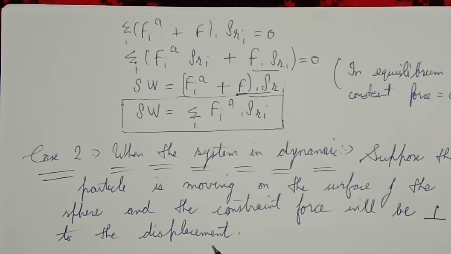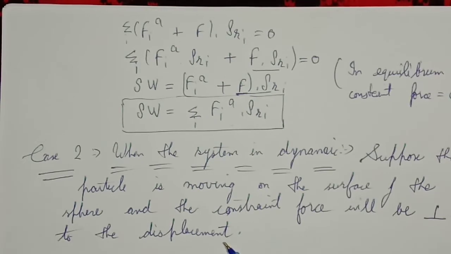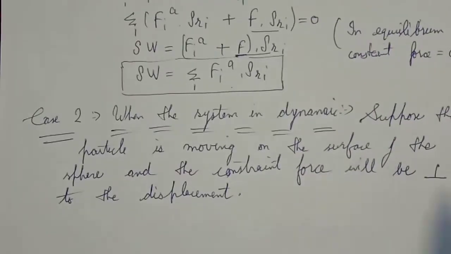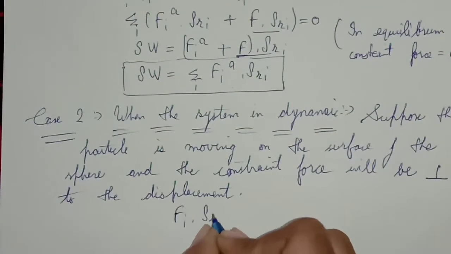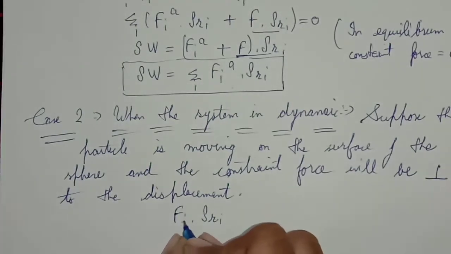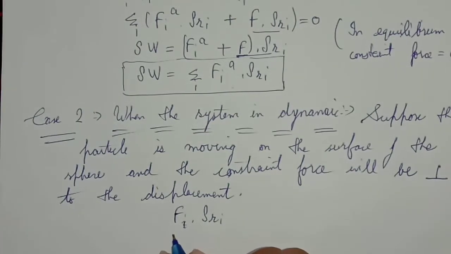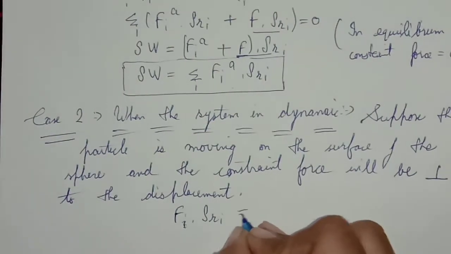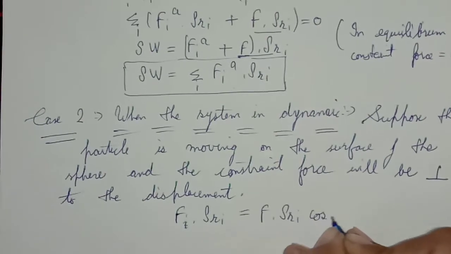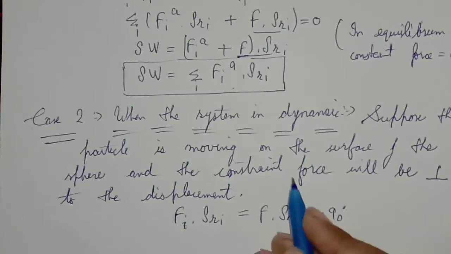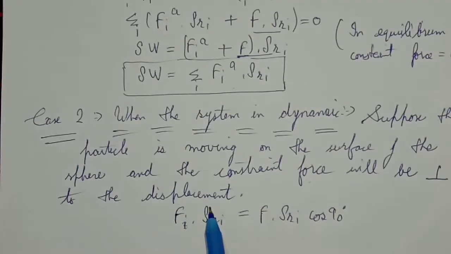In that case, the particle moves some distance, and we get the value of delta Ri. So we can write Fi dot delta Ri. This is our constraint force, which equals F delta Ri cos 90 degrees. Why cos 90 degrees? Because the constraint force is perpendicular to its displacement.